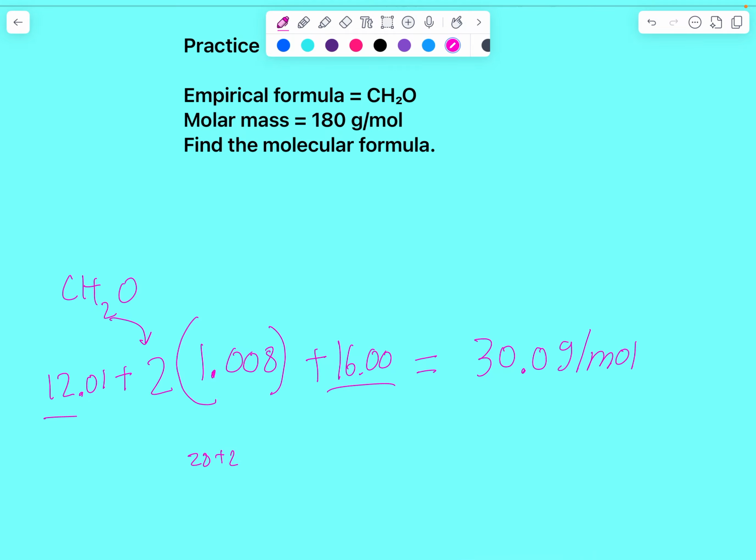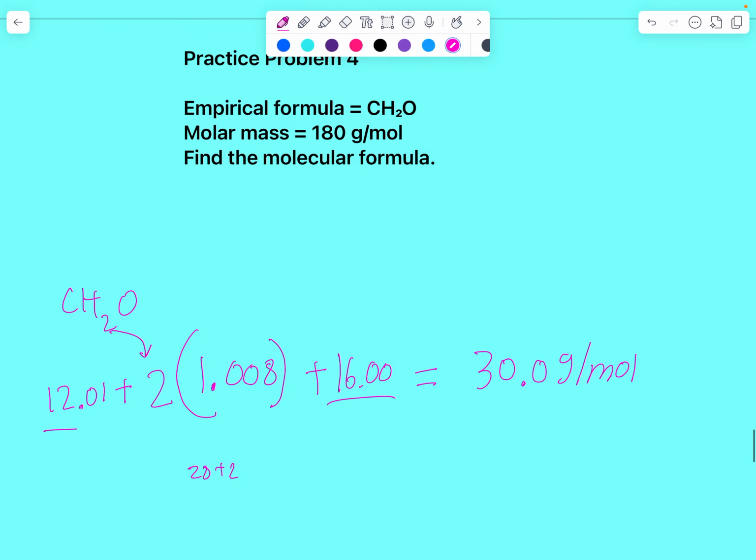Okay? Now, we have to do our multiplier. So we have to take the molar mass divided by the empirical formula mass. So we have 180 divided by 30. And by doing that, you get 6. That's our multiplier. So 6 is your multiplier.